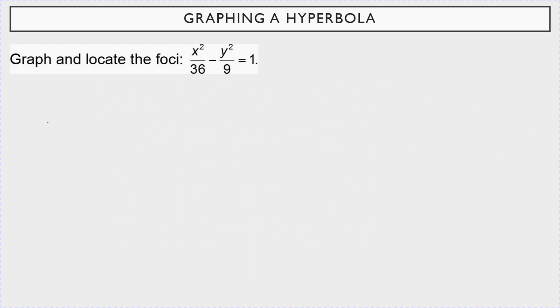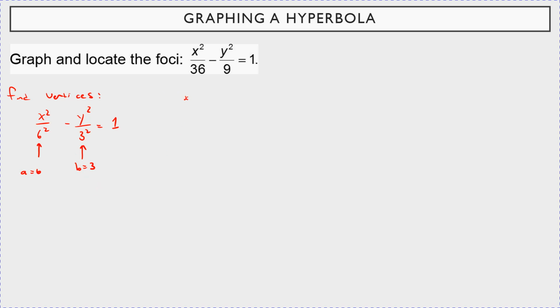Step 1, the first thing we're going to do is find the vertices. So this is x squared over 36, which is 6 squared, minus y squared over 3 squared, is equal to 1. So look, that means this is my a, and this is my b, so 3.